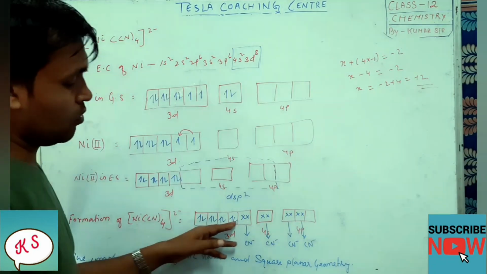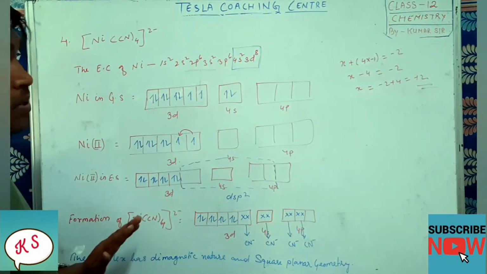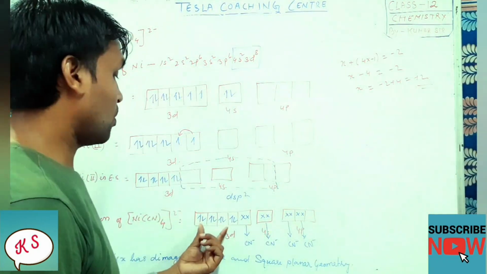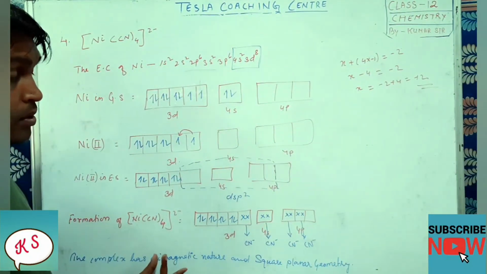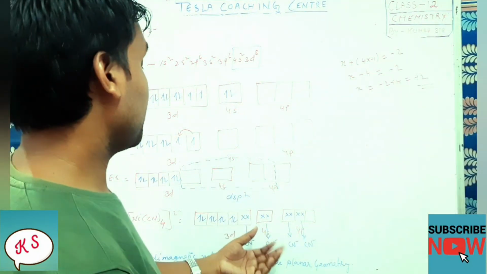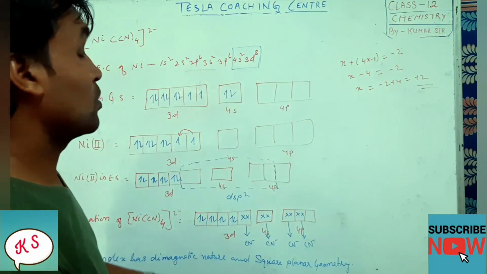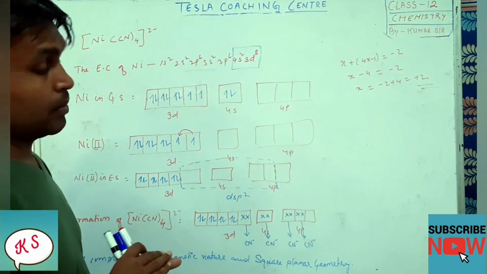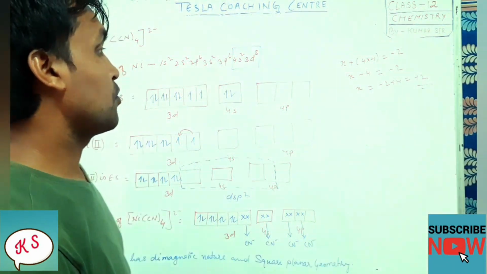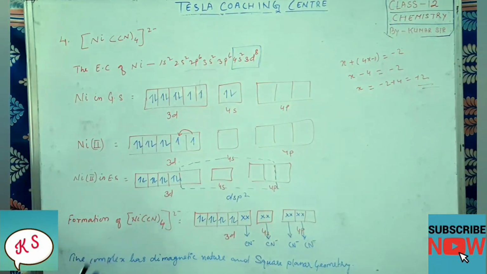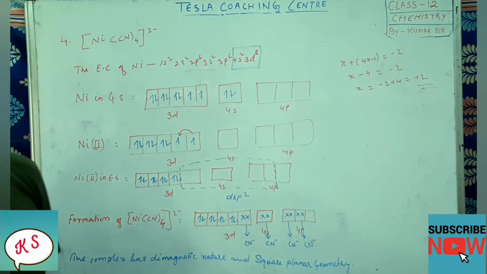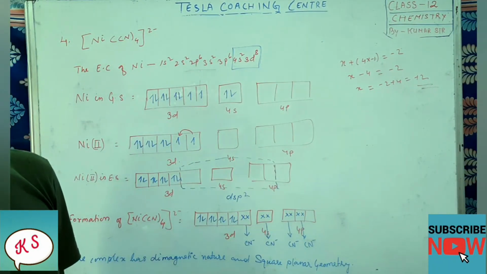Now as you can see, all are paired up, no lone electrons, so the complex will have diamagnetic nature, and the geometry will be dsp2 geometry. Already I have given you in the table, it is square planar geometry.